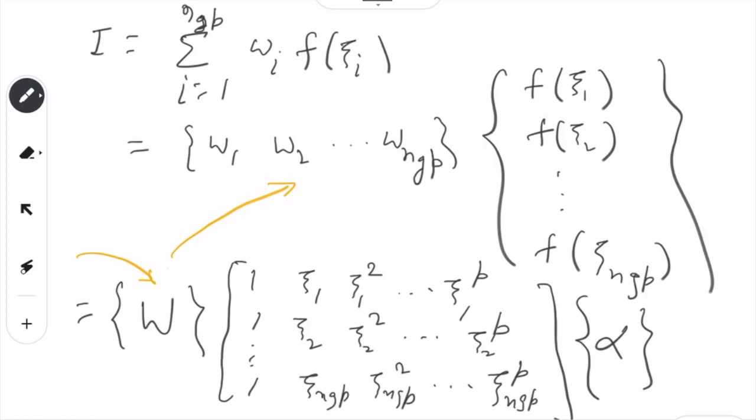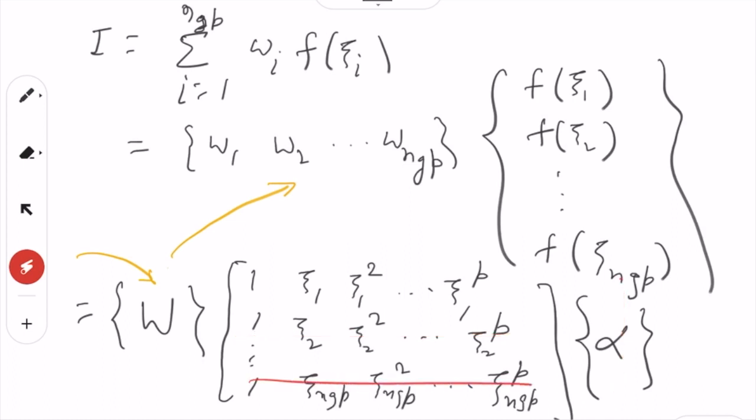So why do we do this? Alpha has alpha naught, alpha 1, alpha 2, and alpha naught multiplies 1, alpha 1 multiplies this one, and hence we are getting f xi 1.